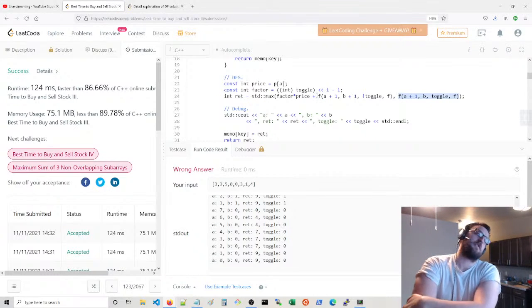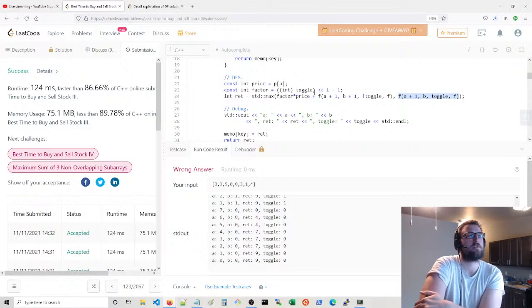And initially it should be a negative price that we include it as. I guess maybe you could include the price as a positive. No, you can't. You can't sell it before you buy. You have to buy first. The toggle doesn't change when you do this one. The toggle does change here.